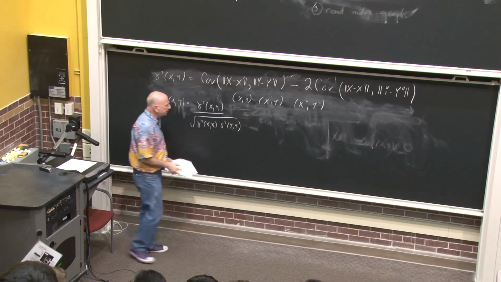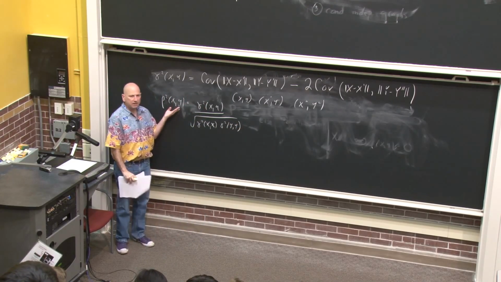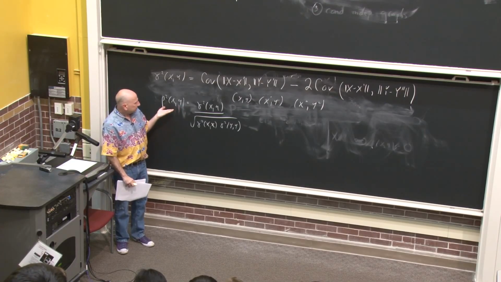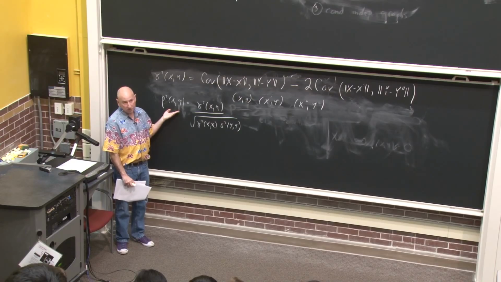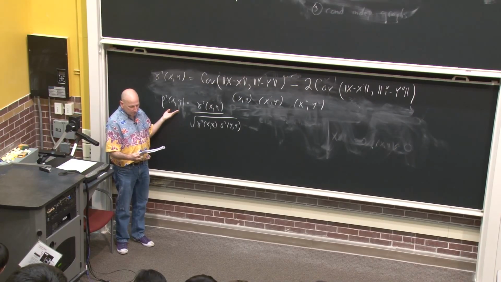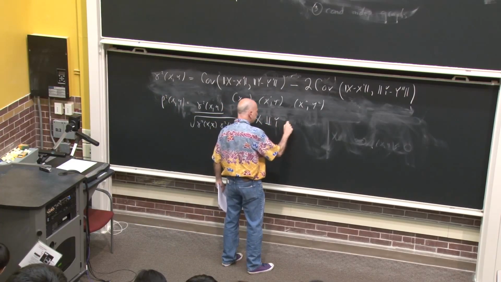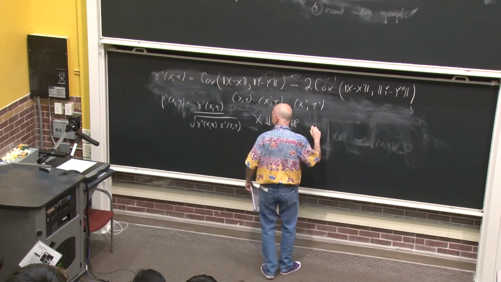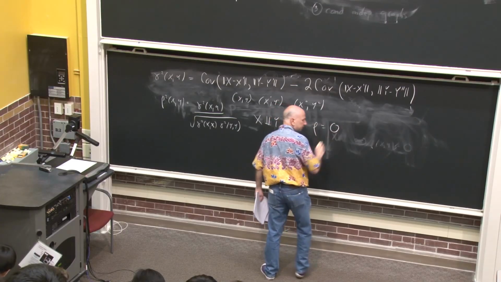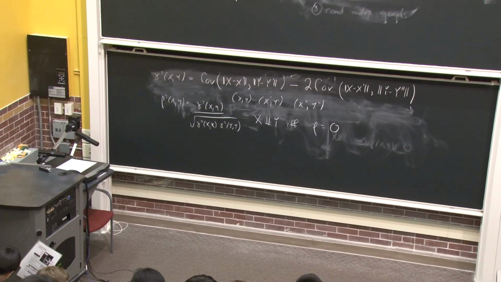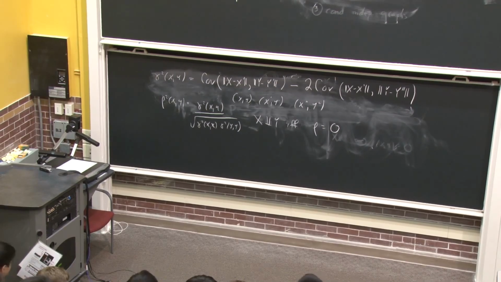So when you first see this definition, this is just some number. Doesn't seem that intuitive, I don't think. And it's between 0 and 1, it turns out. Okay. And here's the remarkable property. X and y are independent if and only if this is 0. So it does have the strong correlation property.